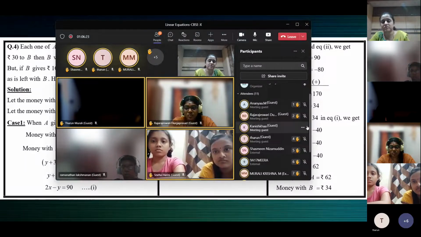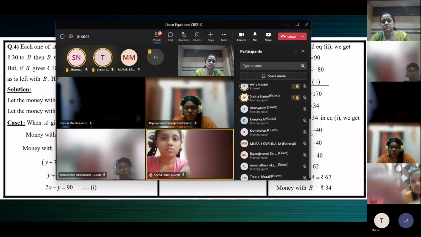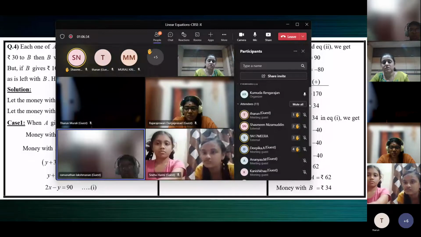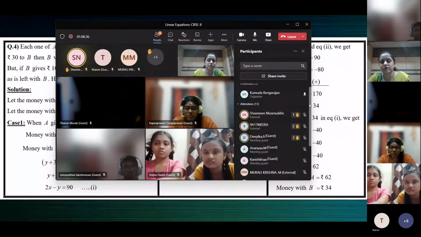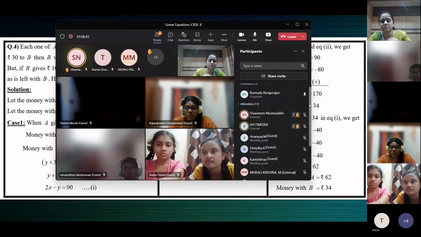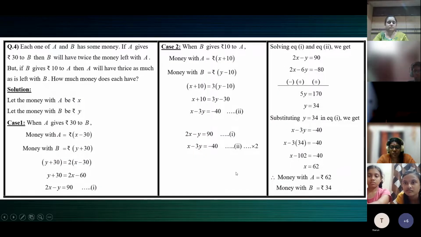Lower your hands, class. Now it is visible. Okay, lower your hands. Meera, Sashmin, and Deepika, lower your hands.